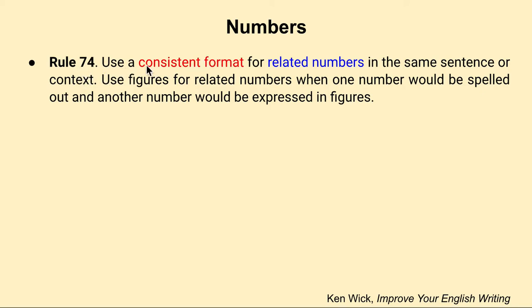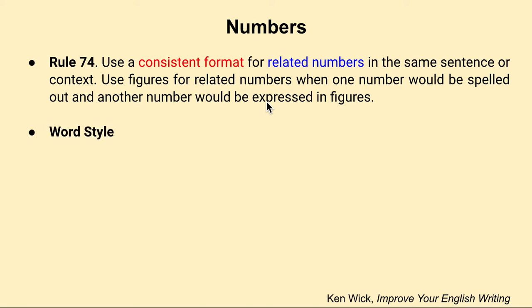It's all about using consistent format. And most people aren't too sure what happens when one would be spelled out and one would use a figure. Which one do you use? Well, the second sentence here says when one would be spelled out and the other one would use a number, basically just use a number for both.